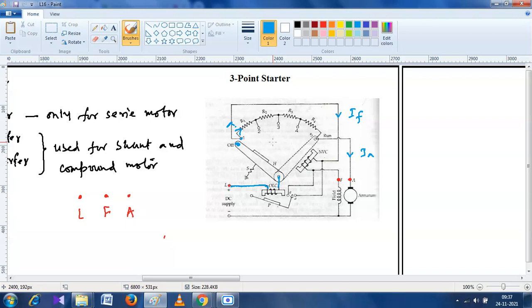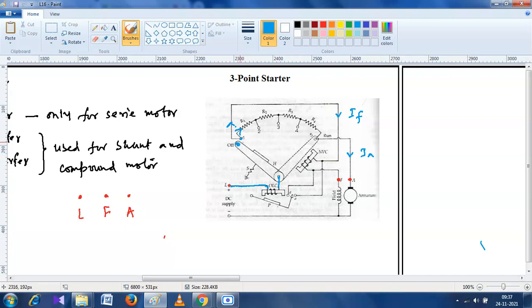So the initial high armature current can be reduced by inserting the resistance. So we added 4 resistances in the armature path, and by this arrangement we actually reduce the initial high current.